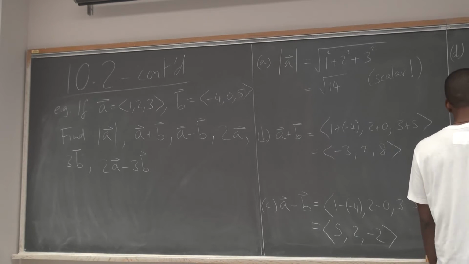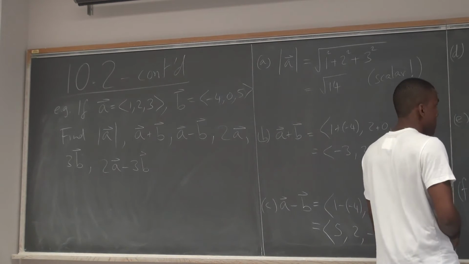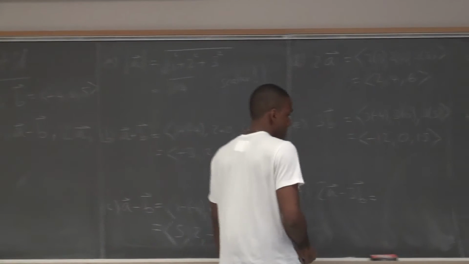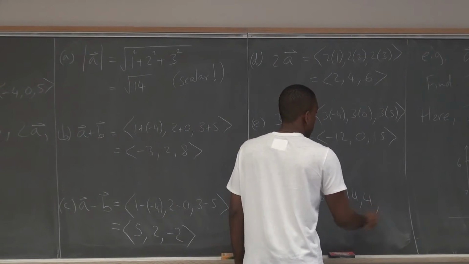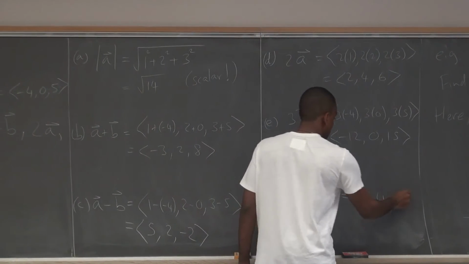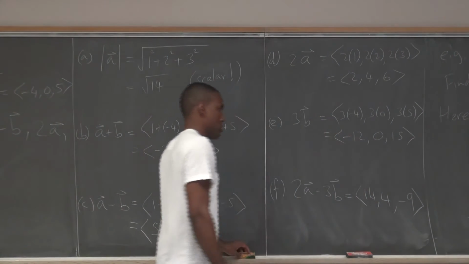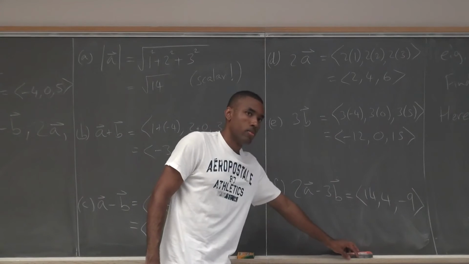A minus 3B would be what? 14, 4. Do I need to explain where that came from?